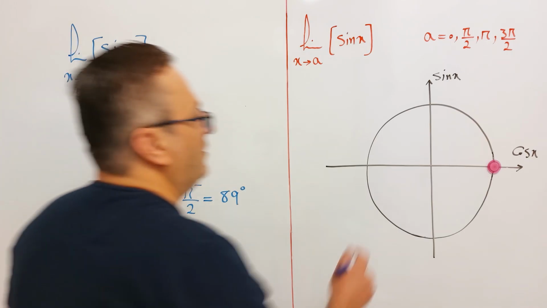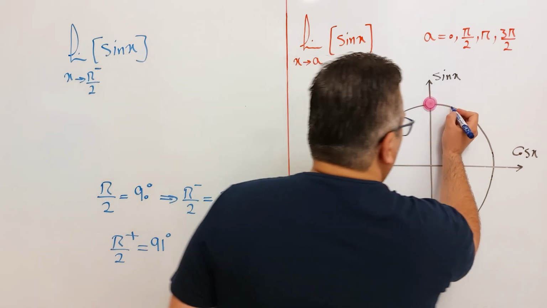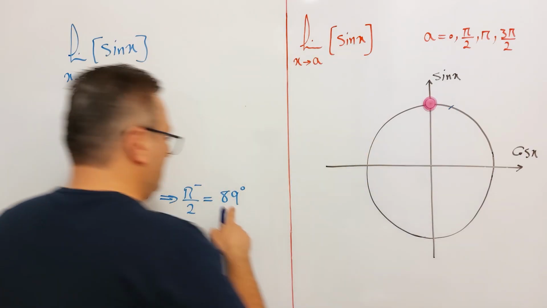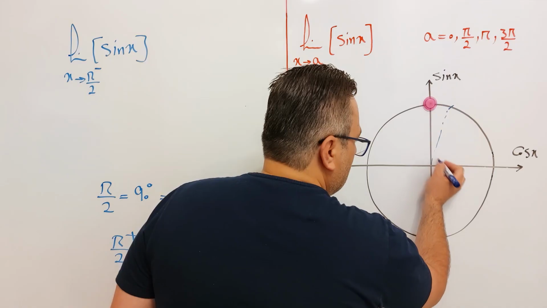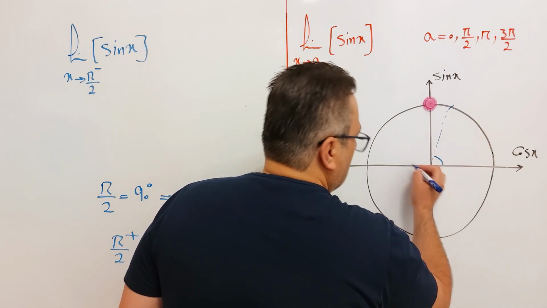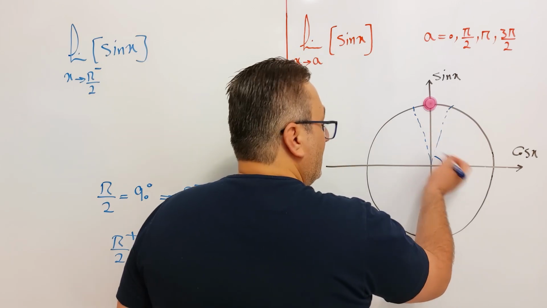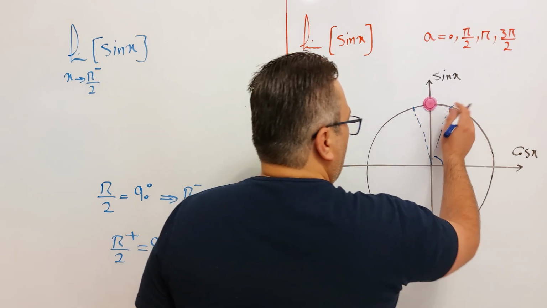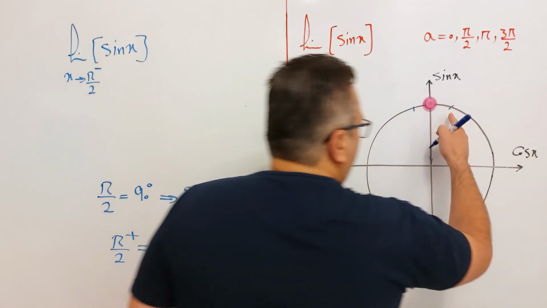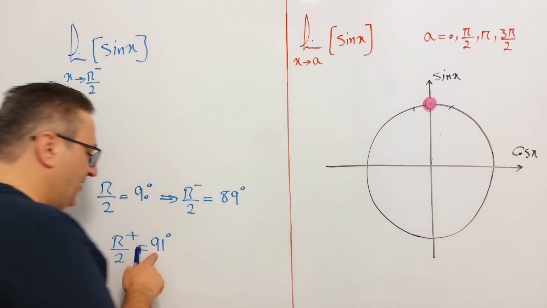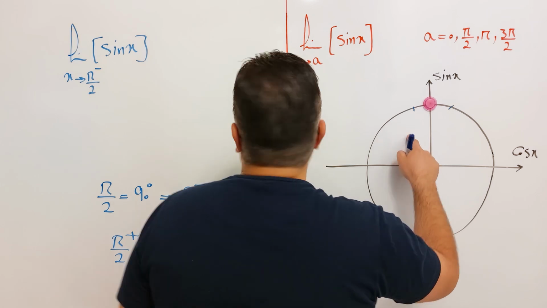So here is 90 degrees, here is 89 degrees and here is 91 degrees. 89 degrees is in the first quadrant and 91 degrees is in the second quadrant.